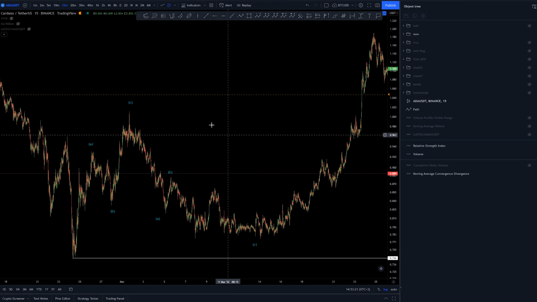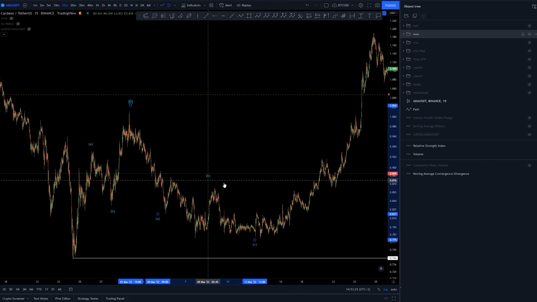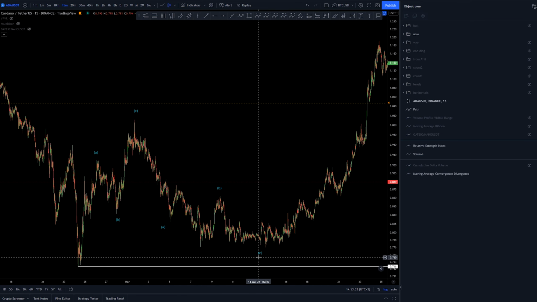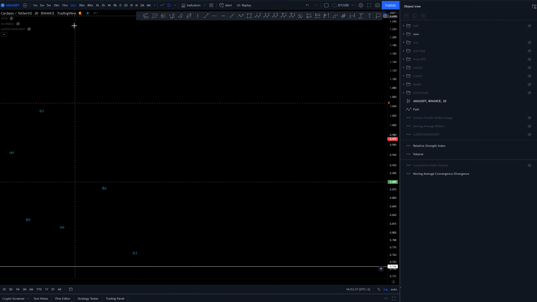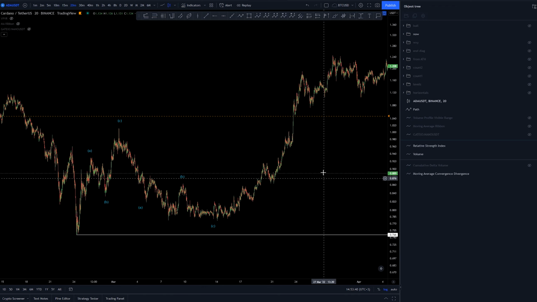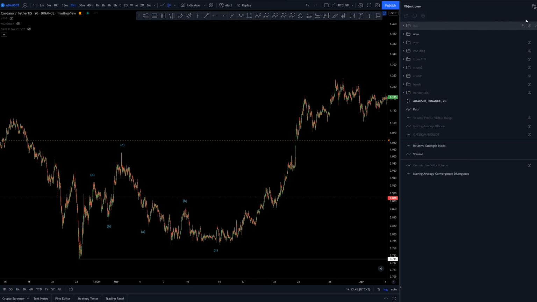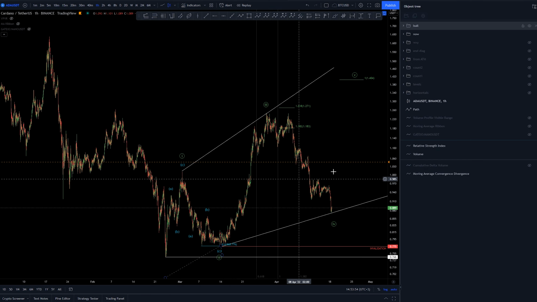So again, however you want to place the B. Is it here or is it here? Doesn't really matter. But again, another three-wave structure of some kind, whether it's ABC or a WXY. It does not, again, matter at this point, as we've already established another way up here. At this point, we would be looking at the C wave as mentioned before, and this is basically the only bullish scenario I can find on ADA.